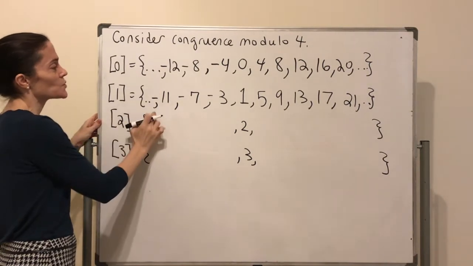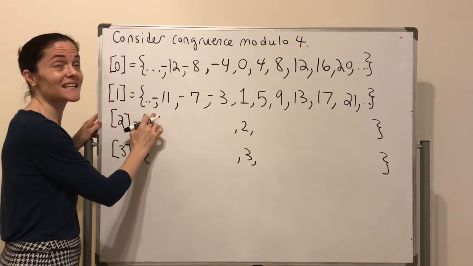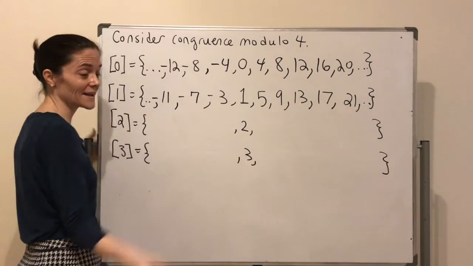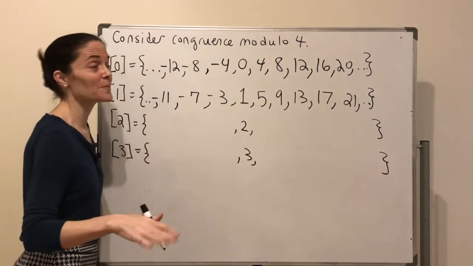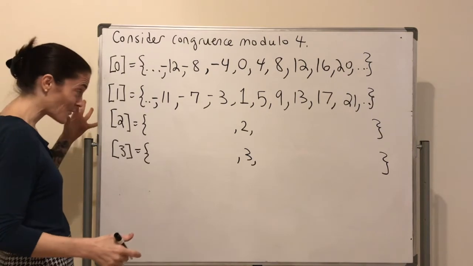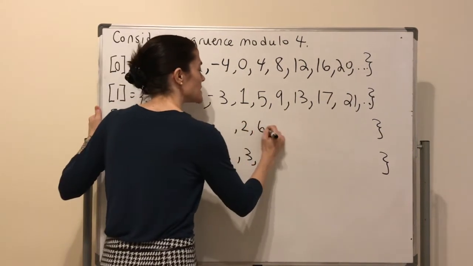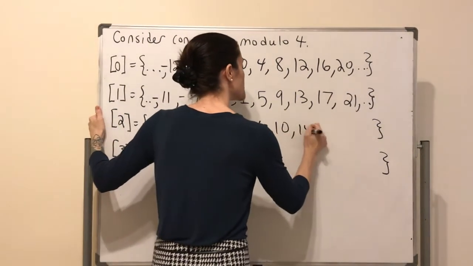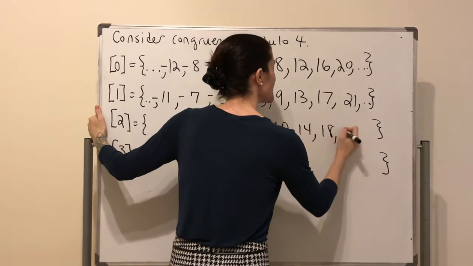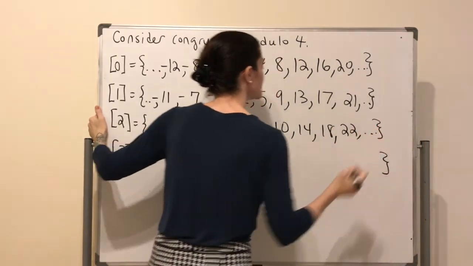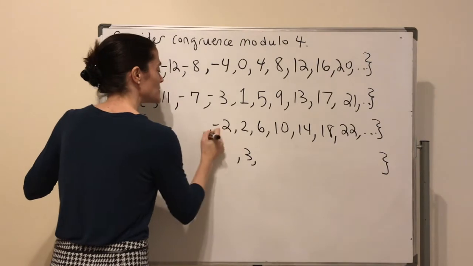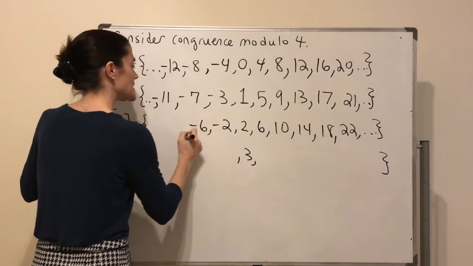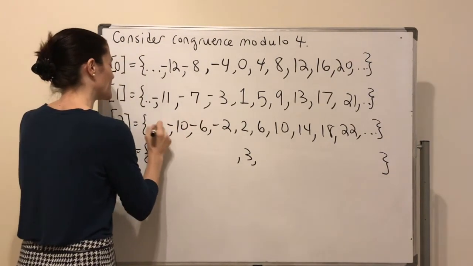Okay. Now for 2. Well, we have seen twice how we can fill out these classes. We just take one element of the class and march forward by 4. This is congruence mod 4. So we should have 6, 10, 14, 18, 22, and -2, -6, -10, like this.